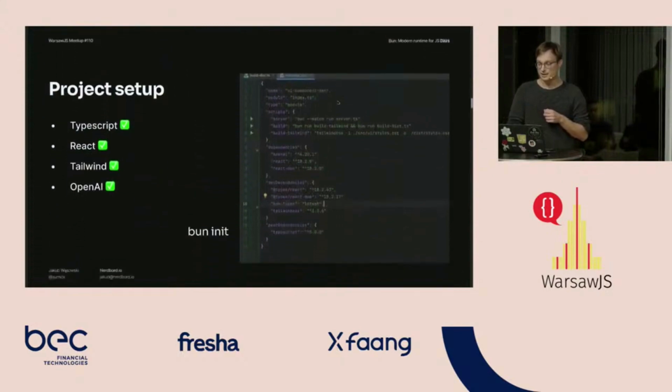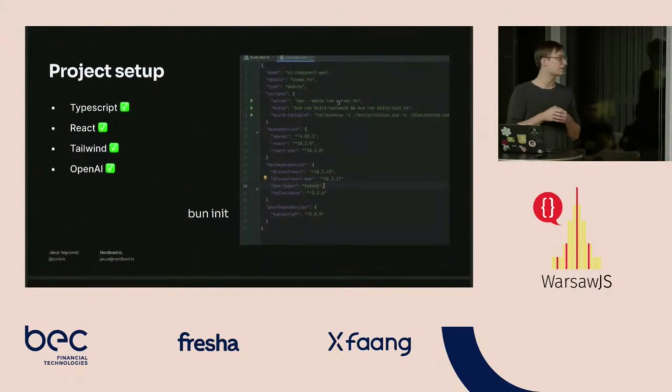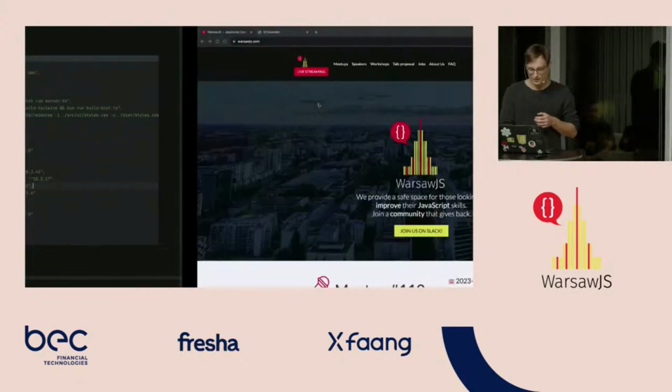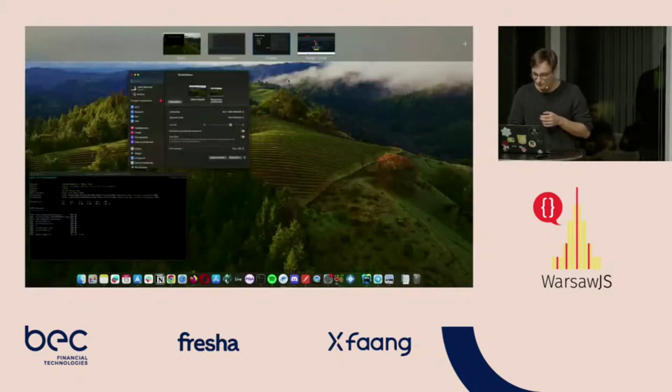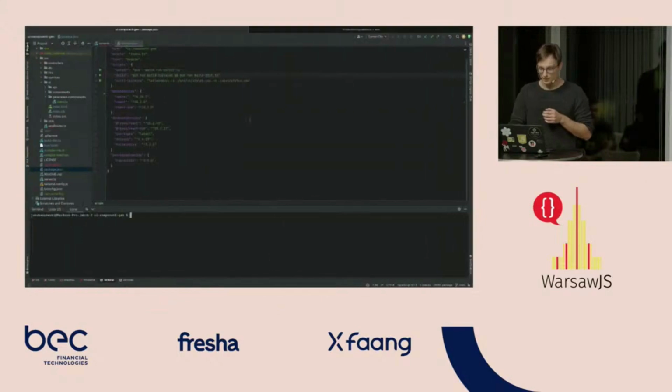Project setup is quite straightforward because where we would go with npm init, we have bun init here, initializing a new Bun project. Because I'm going to jump between the presentation and code, I think it's okay. Code is here.